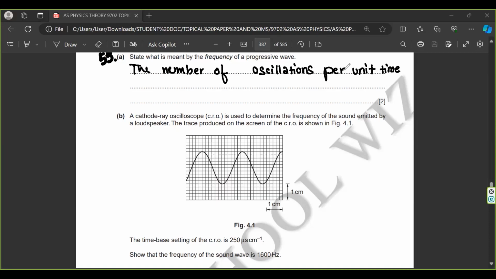But in order to get 2 marks, since the question is asking about the frequency of a progressive wave, you have to say the number of oscillations per unit time of a source or of a particle passing a fixed point.